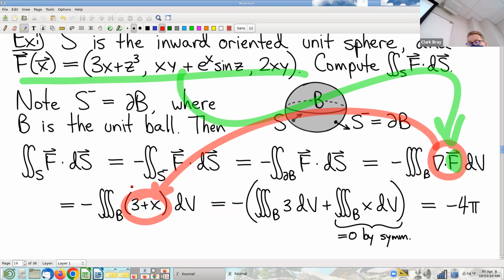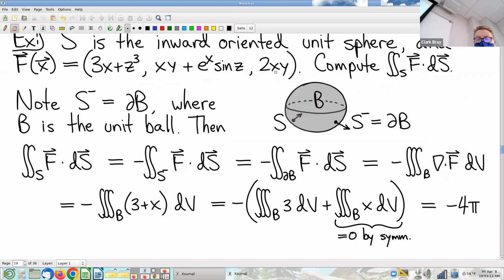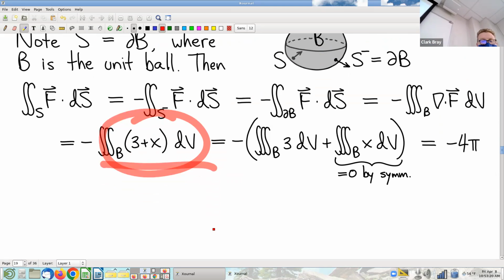Let's finish up the details on this example here, by the way. So we've got this triple integral remaining to be computed. If you look at that integrand 3 plus x, it doesn't have any symmetries, and it's not a constant. If you were to brute force this, you'd have a spherical coordinate triple integral. But look at this slick move.